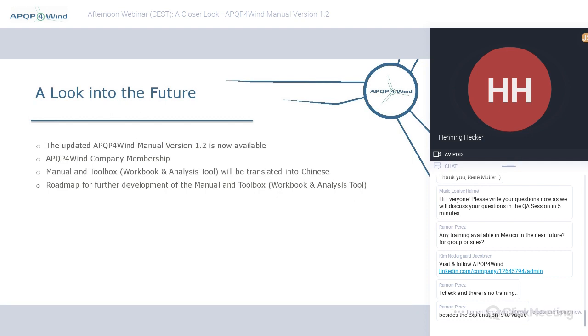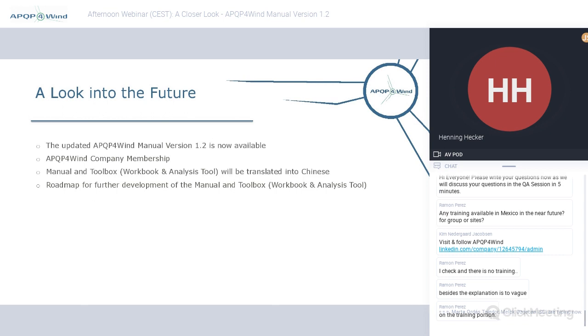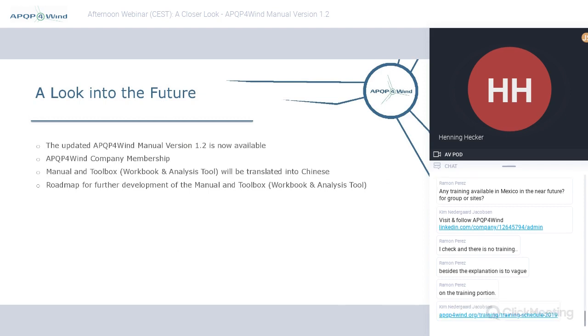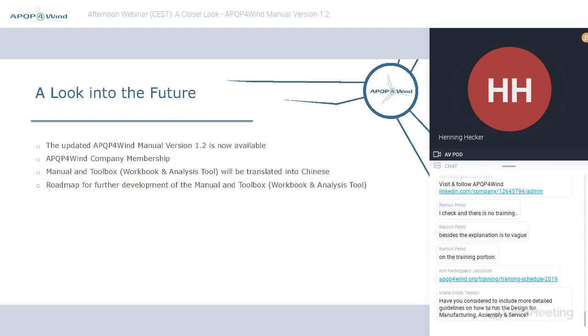I will shortly look into the future. As you can see now, the updated APQP4Wind manual version 1.2 is now available. And I think we already got a question earlier: yes, you can buy the manual through the training providers, and we have a link from our APQP4Wind homepage.